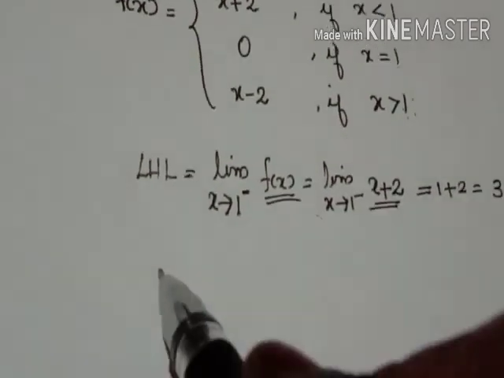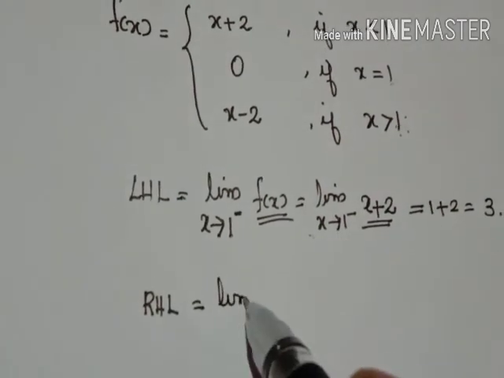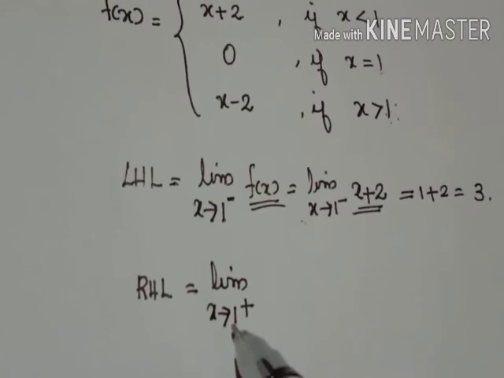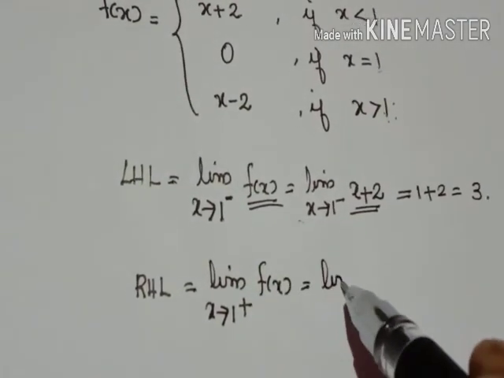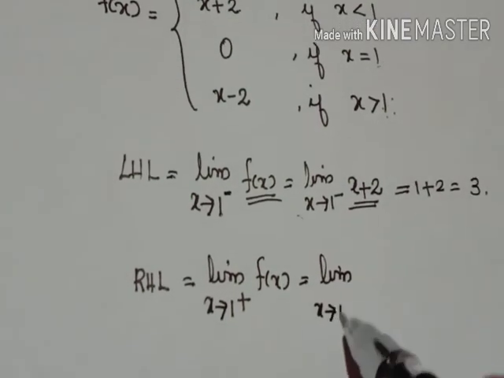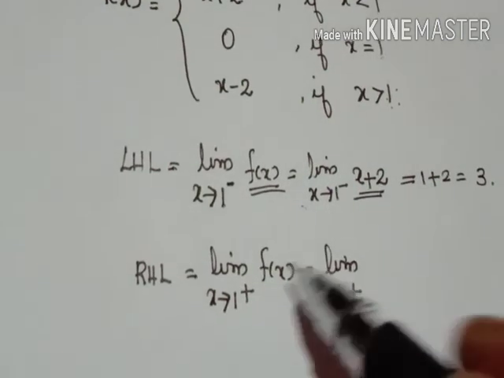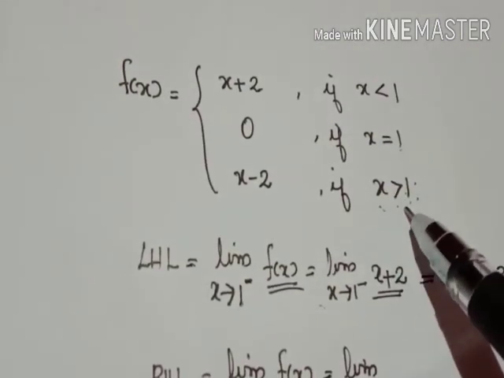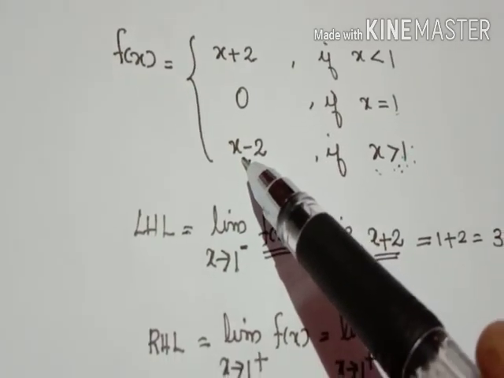That is the left hand limit. Now the right hand limit. Right hand limit equals limit x tends to 1 plus f of x. 1 plus means more than 1, greater than 1. Greater than 1 means this is the interval. In this interval f of x is defined as x minus 2.